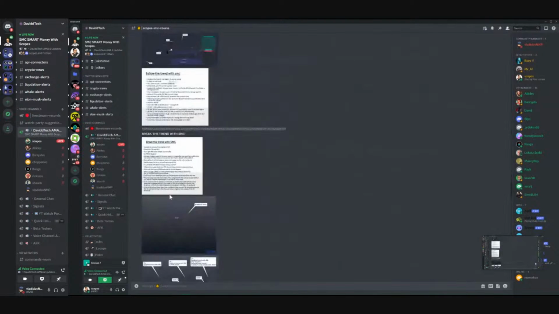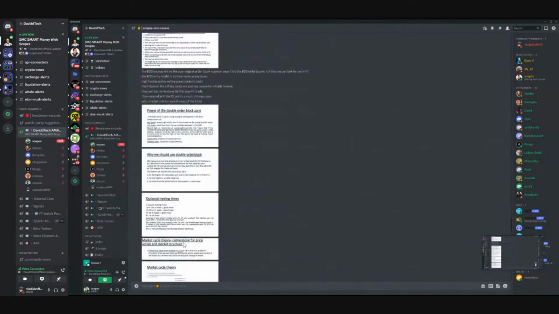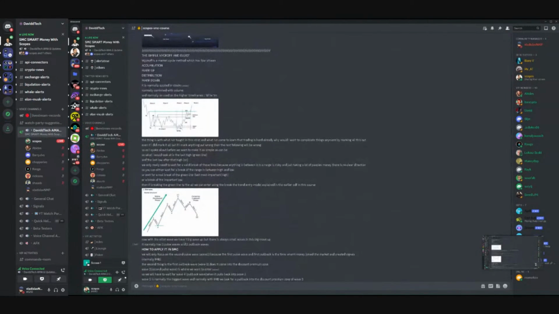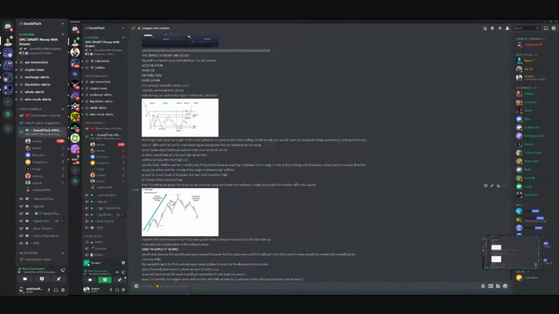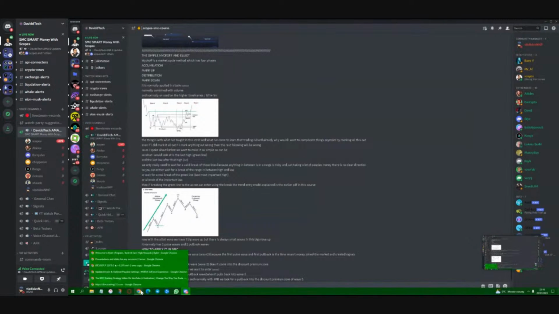But there is another one to complement it, and I've just touched upon it briefly in the last two streams, and that is the key levels.